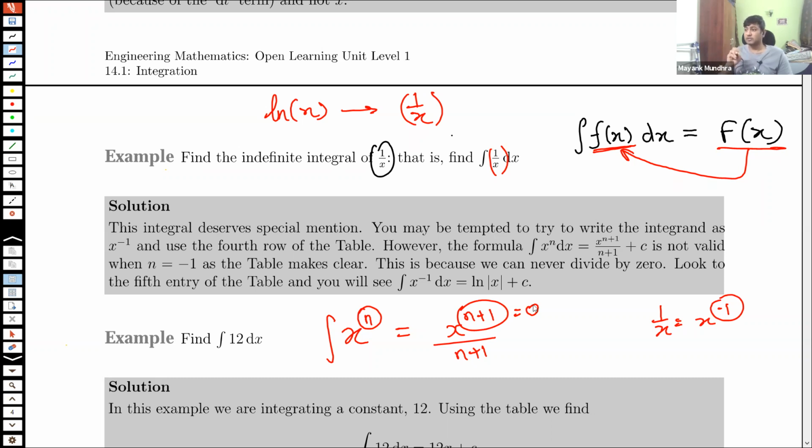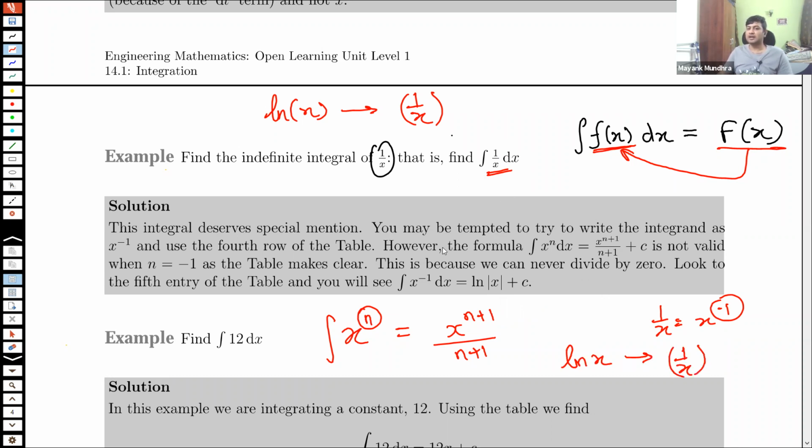That's why you cannot apply the formula of x to the power n. So 1 by x is special. For 1 by x, that is x to the power minus 1, you know that the differentiation of log of x gives me 1 by x.